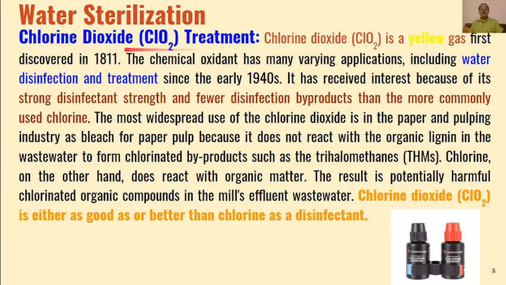Then the third and commonly used water treatment method these days is chlorine dioxide treatment. Chlorine dioxide is a yellow gas. It was first discovered in 1811, and the most common application of this oxidant is water disinfection and treatment of water, and it has been used since the early 1940s.